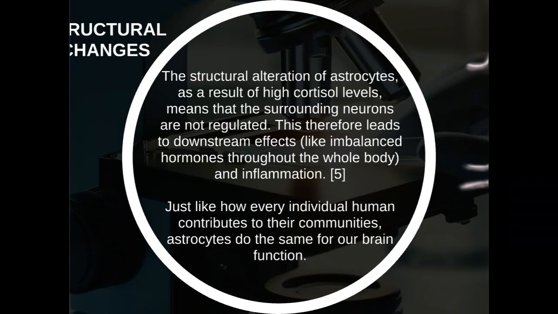That homeostasis, that strong level of balance inside our bodies, is going to be greatly reduced. And that leads to inflammation, which is where our body flares up in response to some negative outside effect. And just like how every single individual human contributes to their community, the astrocytes essentially do the exact same, but this time for our functional brain.